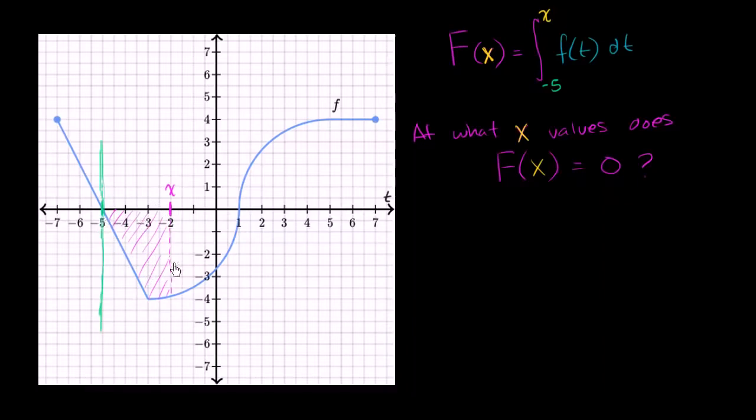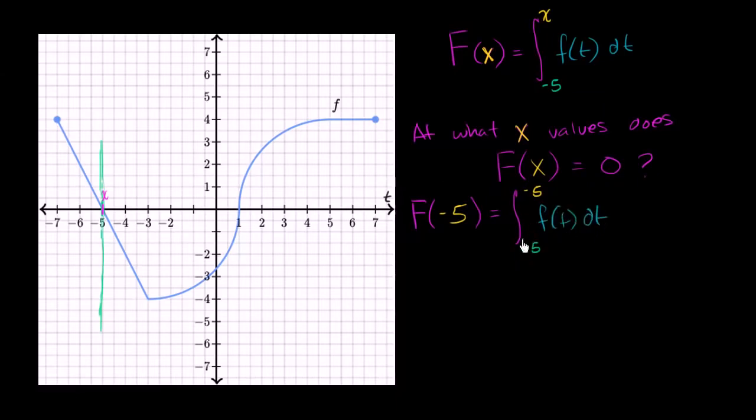Now, what x values make this a 0? So one might jump out at you. Well, if we put x right at -5, then there's no width here. There's not going to be any area. So capital F of -5, I should be clear here, capital F of -5, which is equal to the definite integral between t is equal to -5 and t is equal to -5 of f of t dt.